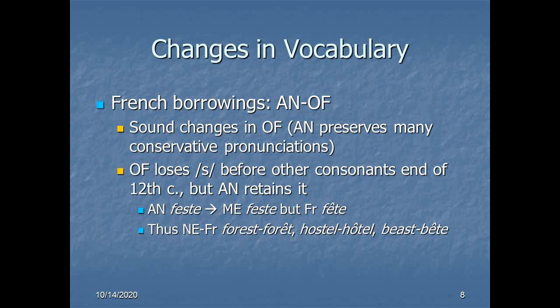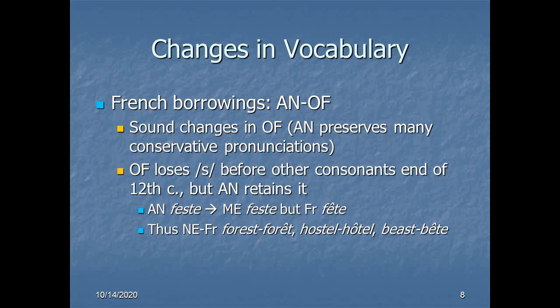But these two speech communities, having been effectively separate from each other from the 11th century on, were on different trajectories. So changes that happened in Old French on the continent didn't necessarily happen in Anglo-Norman and vice versa. What this means is that there are instances where Anglo-Norman is more conservative. It preserves an older pronunciation, whereas Old French develops pronunciations that are still retained in modern French.